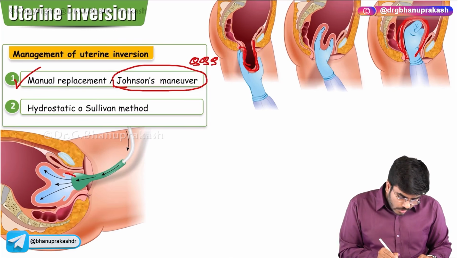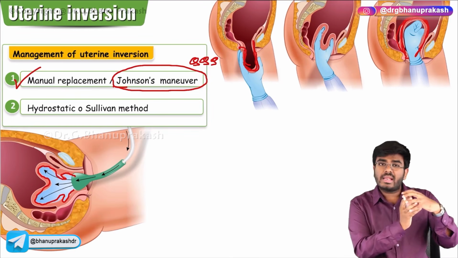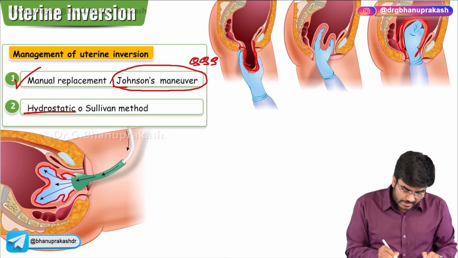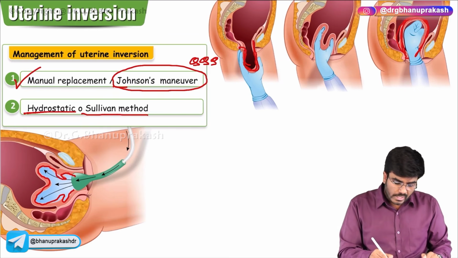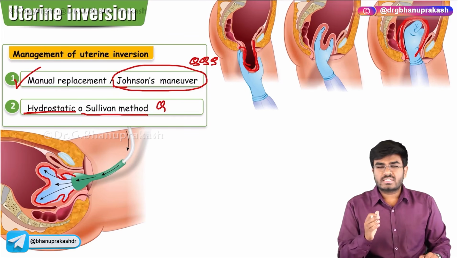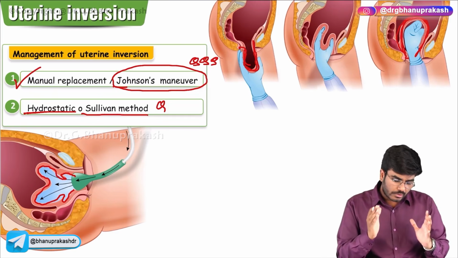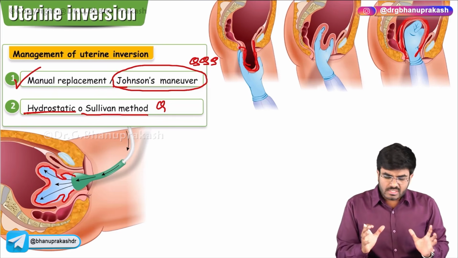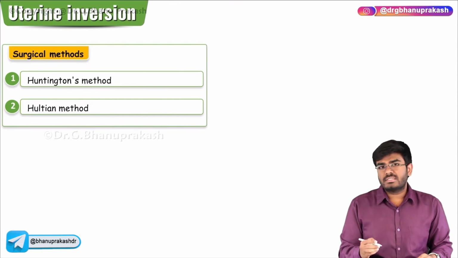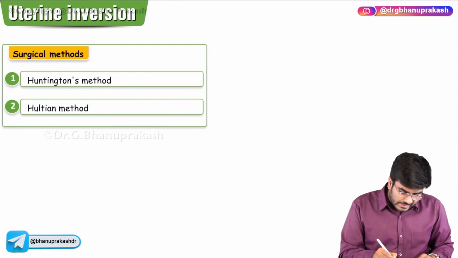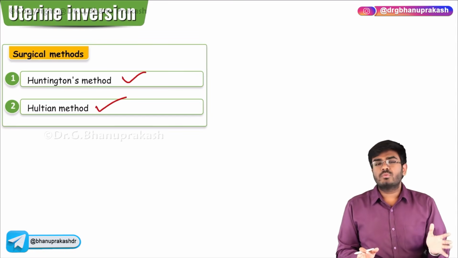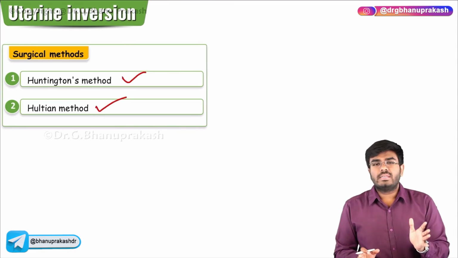Also, with hydrostatic pressure, by pumping forceful saline, you can put the uterus back in its place. That is known as the hydrostatic O'Sullivan's method, which is employed for managing uterine inversion. These are not surgical methods. There are certain surgical methods for uterine inversion, that is Huntington's method and Haultain's method, which can be used for the management of uterine inversion.